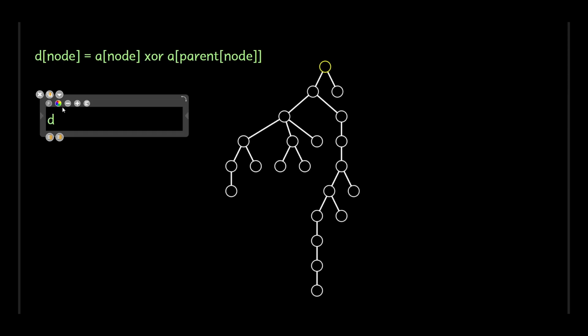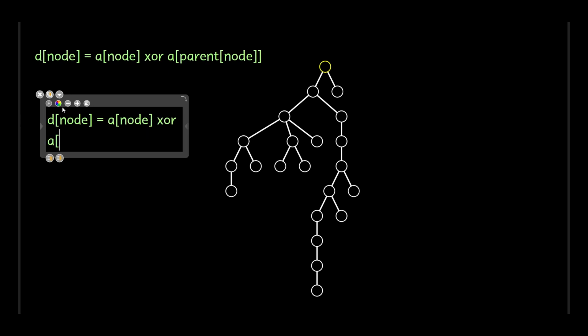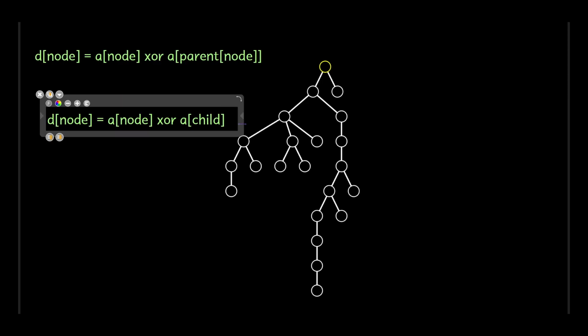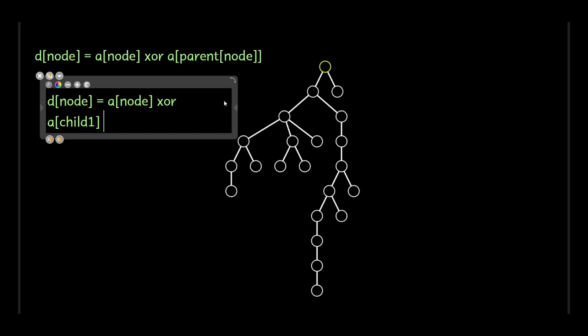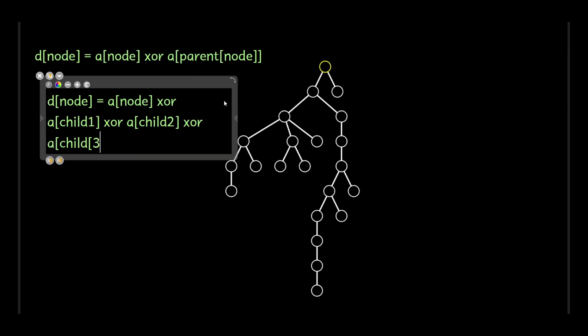The transformation this time is you define D of node is equal to A of node XOR A of child 1 XOR A of child 2 XOR A of child 3 and so on.